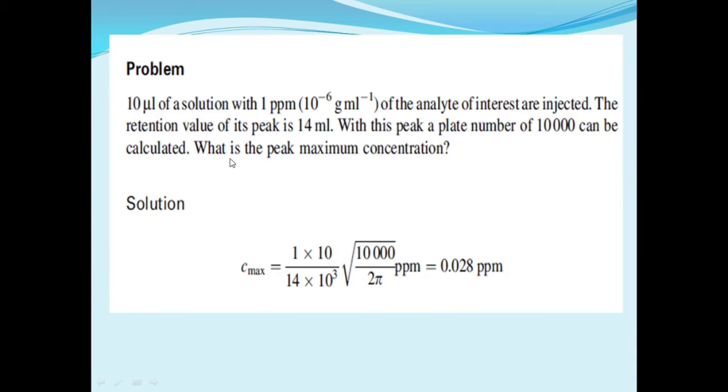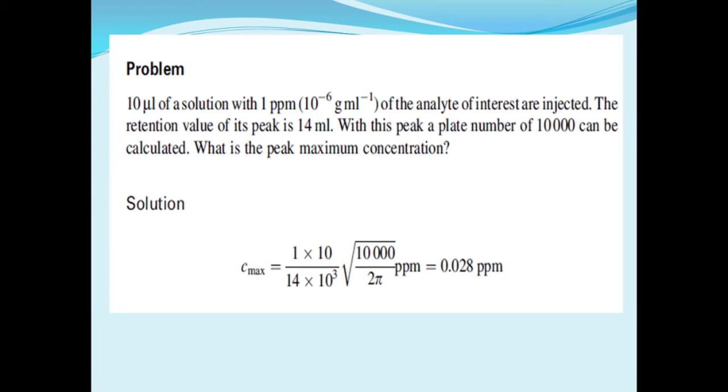What is the peak maximum concentration? Solution: I already discussed the formula. C max is equal to Ci into Vi upon Vr into root of n upon 2 pi.